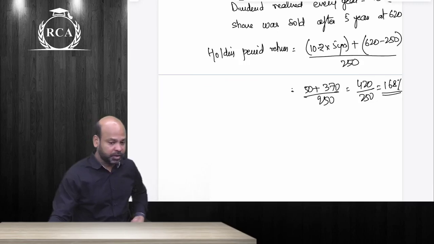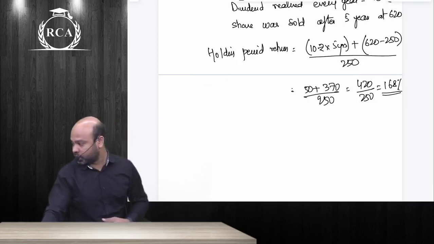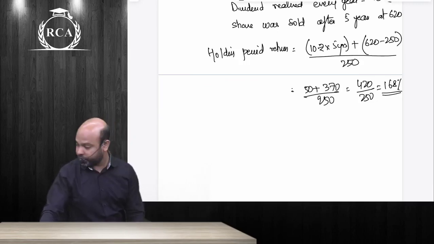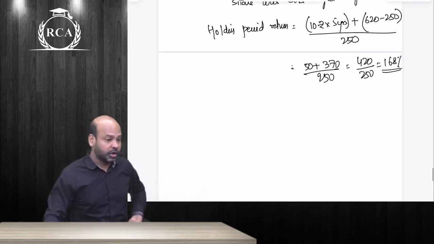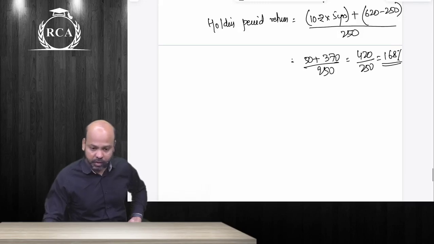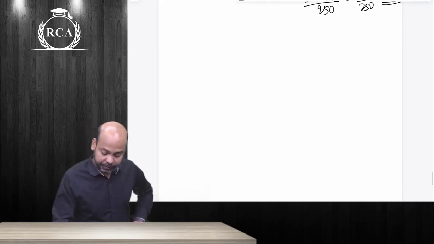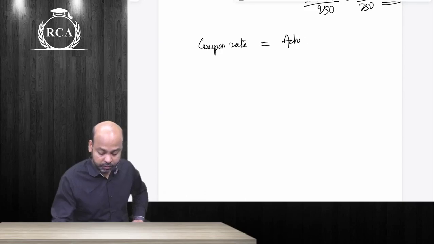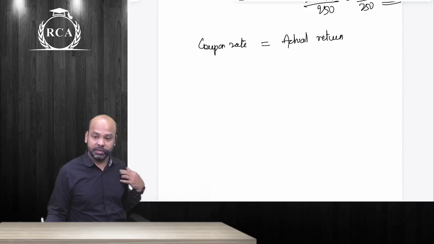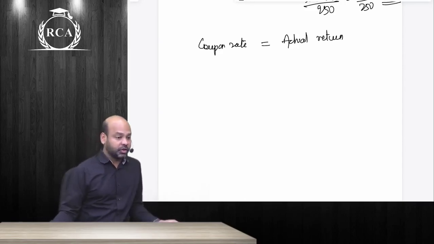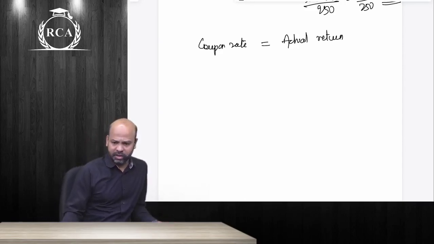Is there a compulsion, beta, that your actual return that you're generating should be equal to required rate of return? The actual return generated, guys, need not be equal to your required rate of return. Basically, will your coupon rate be equal to actual return? If I tell you that you're buying a 10% debenture, beta, does that mean that the actual return that you're generating is equal to 10%?